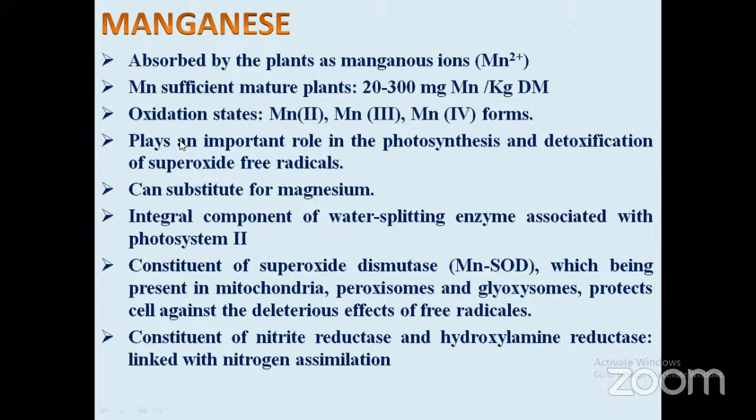And it plays an important role in photosynthesis and detoxification of the superoxide free radical. This is a very important function of manganese. Now the question comes, what is this superoxide free radical?